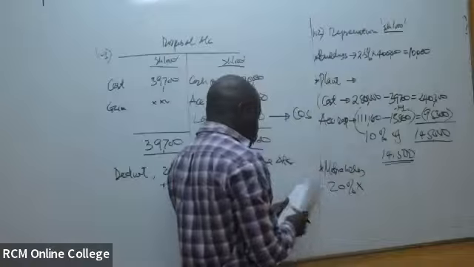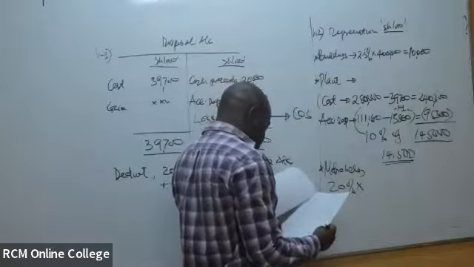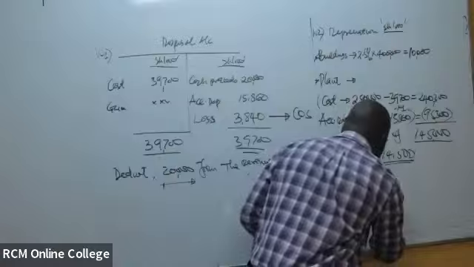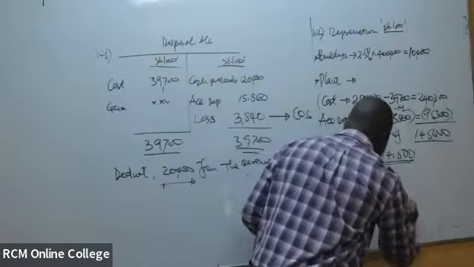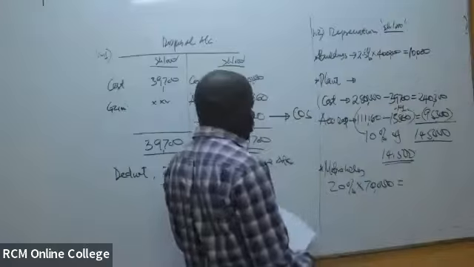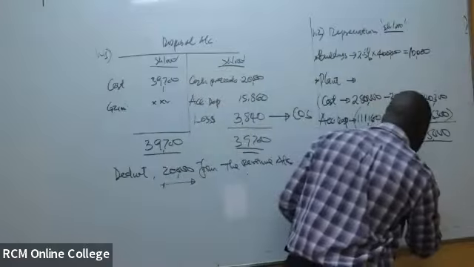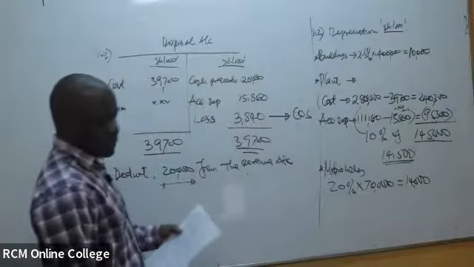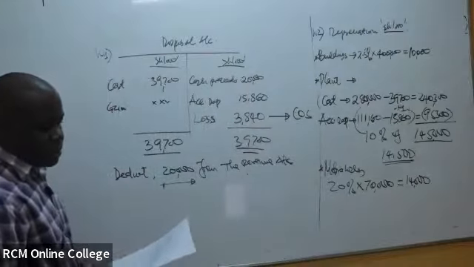The cost of these motor vehicles is 70 million. So this one comes to 14 million. Hope it is correct. Is it 14 million?